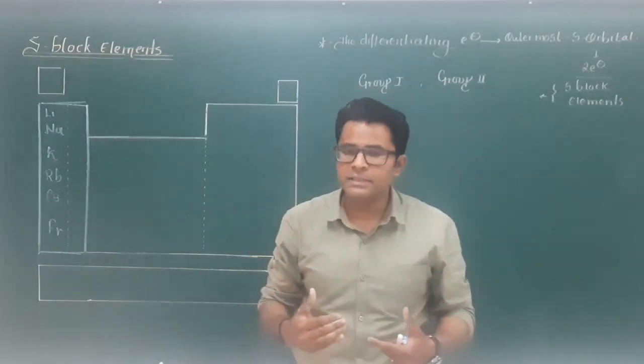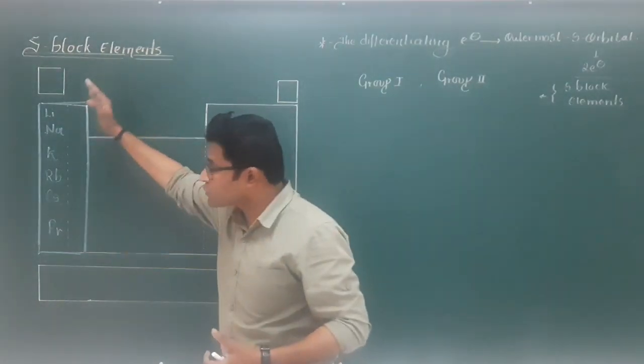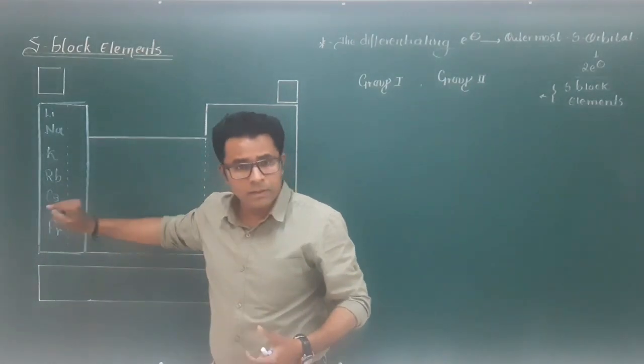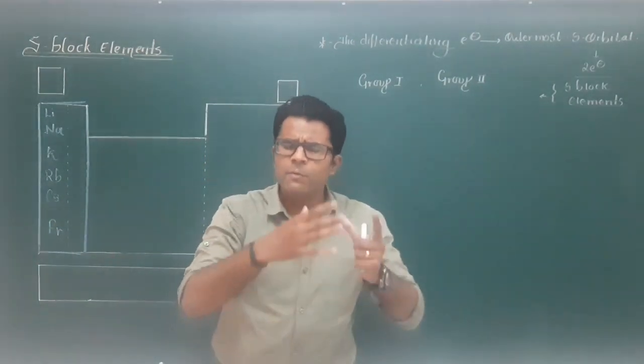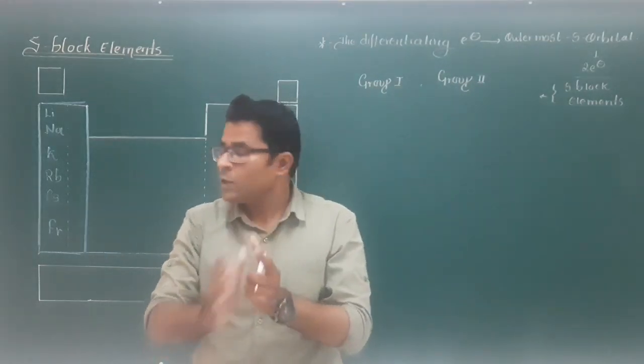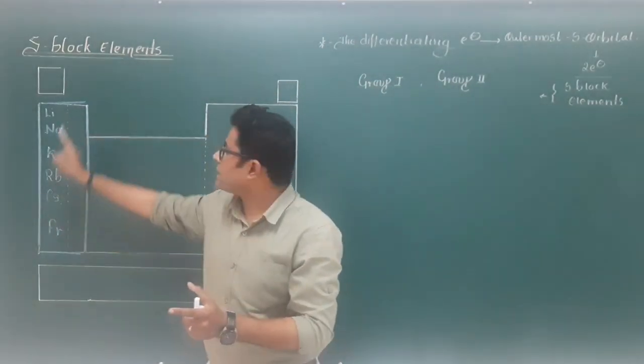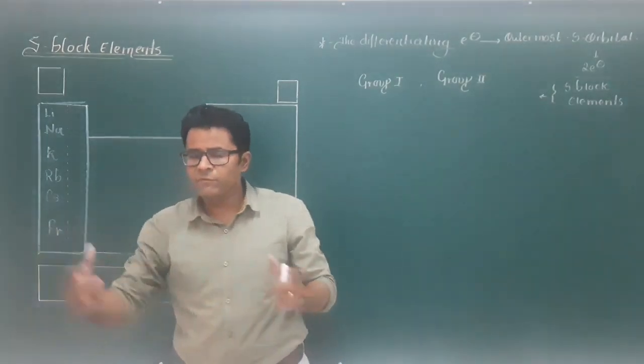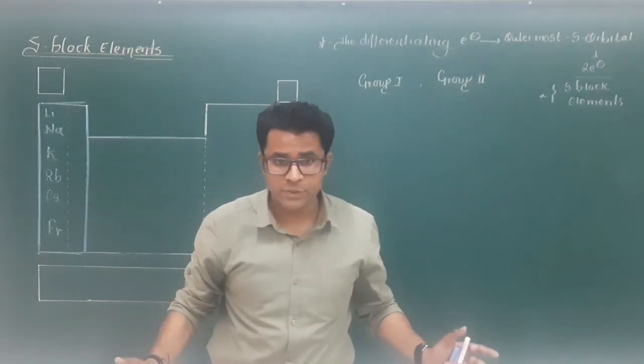So for our studies, we are going to take a look at group 1 only till cesium. Whatever properties we discuss are most of the time restricted to lithium through cesium, because of the radioactive nature of francium, which we are not going to take into consideration.